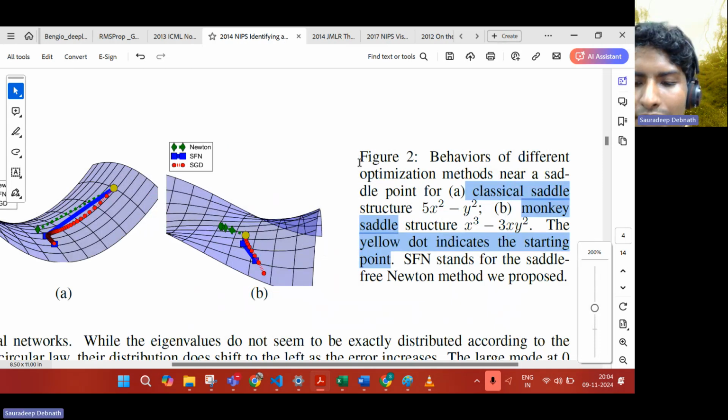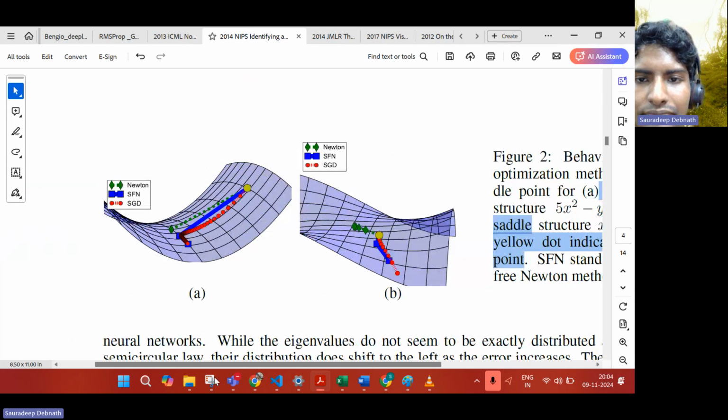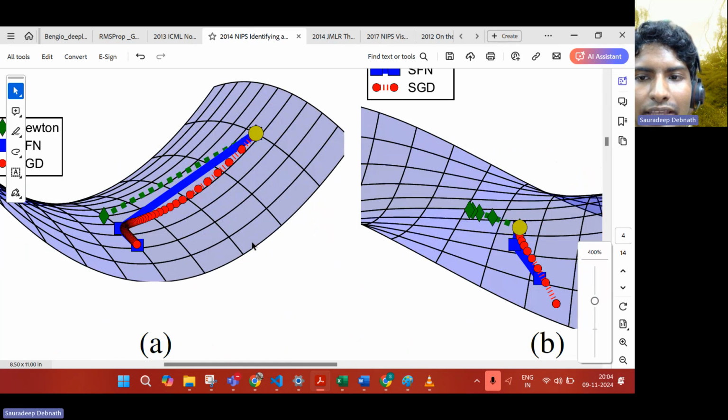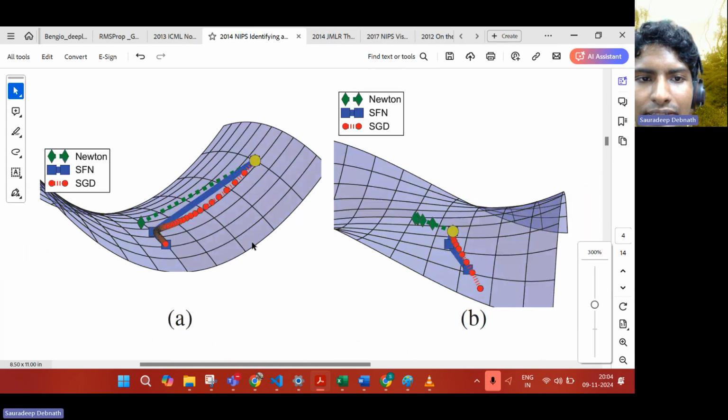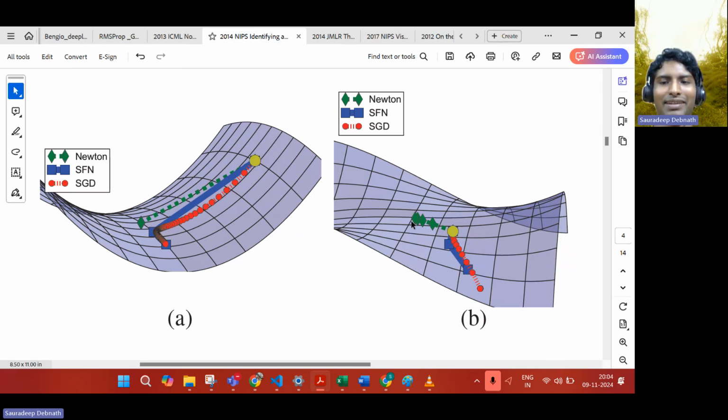As you can see, the green one, that is Newton's method, just goes in the opposite direction in the case of saddle points. One thing to note, Newton's method does very well in plateaus. We'll discuss that in a moment. Plateaus are like, say, around local minima, where all the gradients are almost zero. It does really well there. But in the case of a saddle point, Newton does very badly.